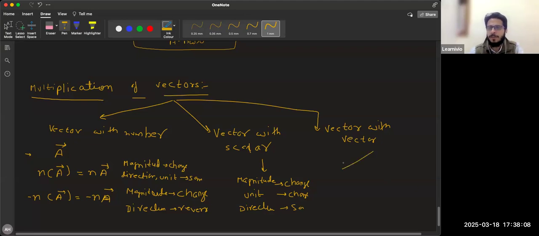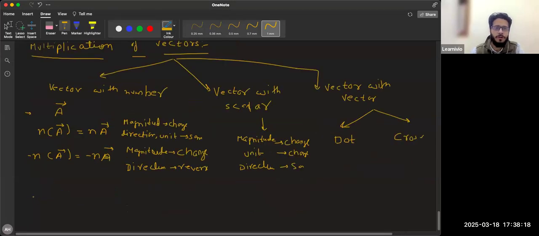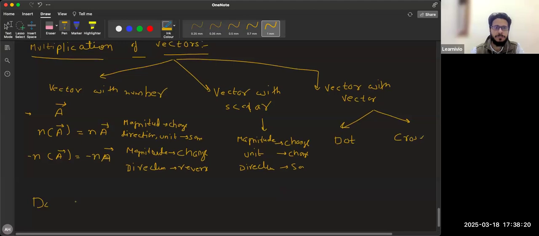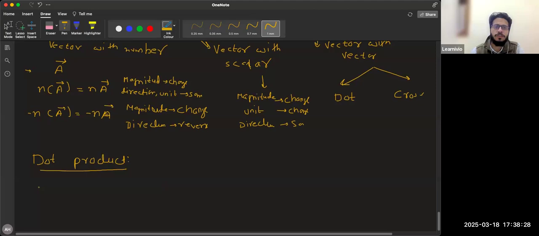But the actual thing is this: when you multiply a vector with a vector, there are two types of products. One is dot product and another is cross product. So we'll start with dot. Dot product is also known as scalar product.